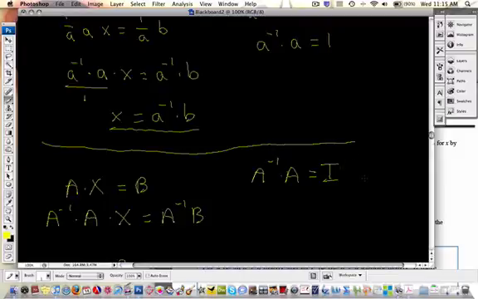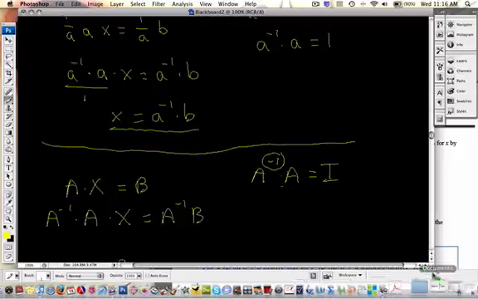Just like when you multiply the number 1 by any number, you just get the number back. And just a word about the notation. This negative 1, unlike that negative 1, doesn't represent an exponent. We're not raising the matrix to the negative first power. It's just how you write the inverse of the matrix.